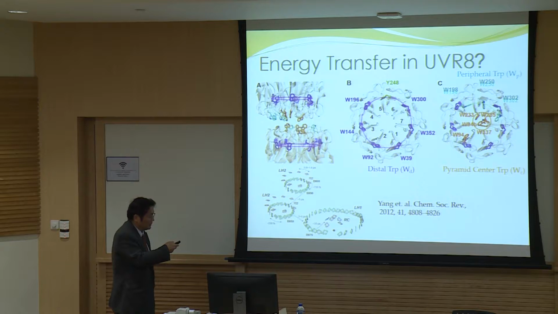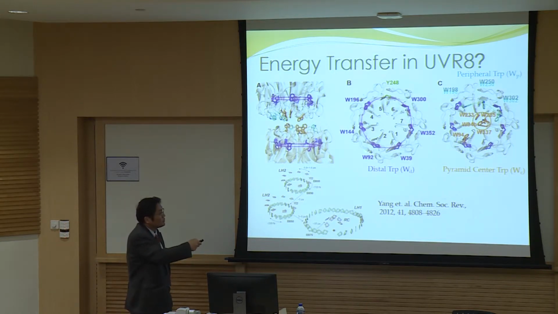If we look at this protein, there are 6 tryptophans forming a ring in the middle of this protein, and one is replaced by tyrosine, for evolutionary reasons. So 6 tryptophans form this ring in the middle.